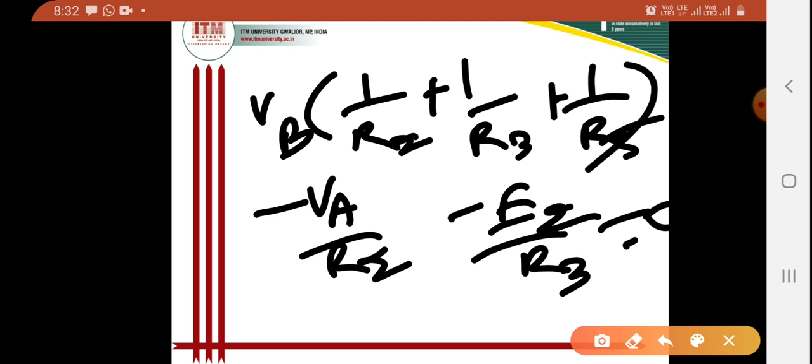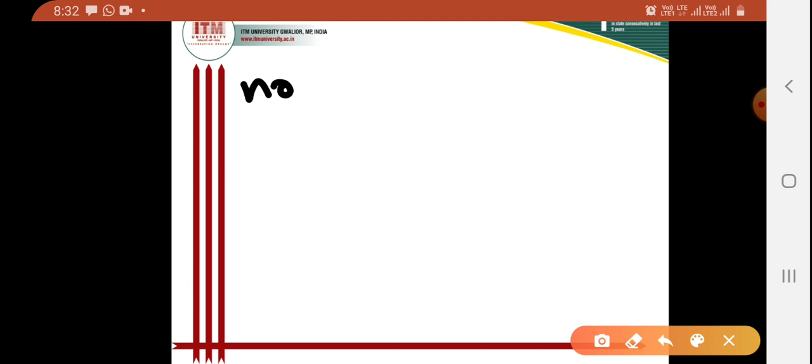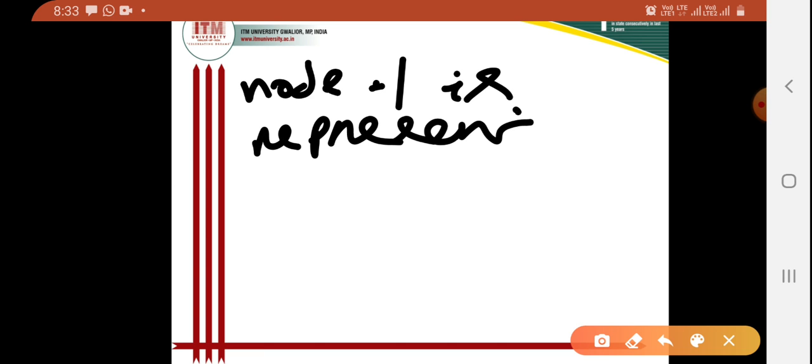Now as for node 1, node 1 may be represented as the product of, as per the equations we have analyzed.